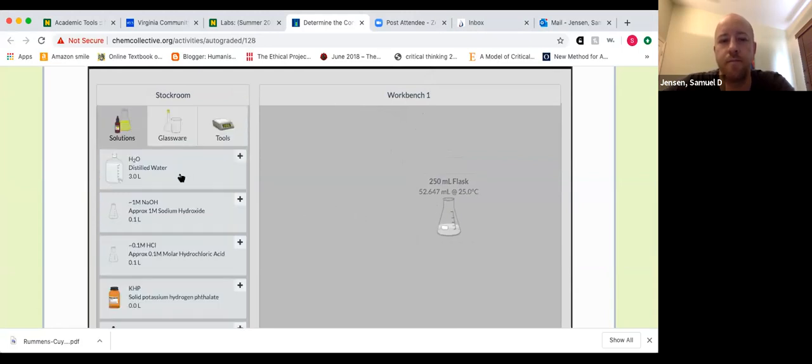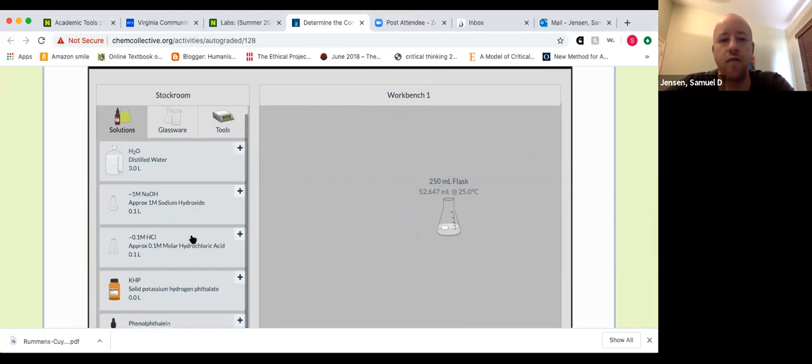Again, this is a little bit different than if we were in the lab because there's no mixing involved. It already kind of does everything magically.